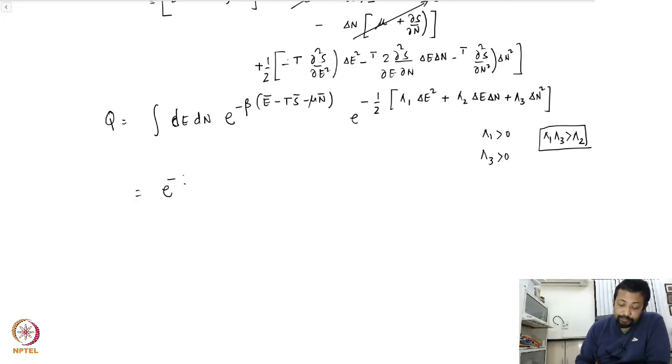So this becomes e to the power minus beta E bar minus T S bar minus mu N bar, integral dE.